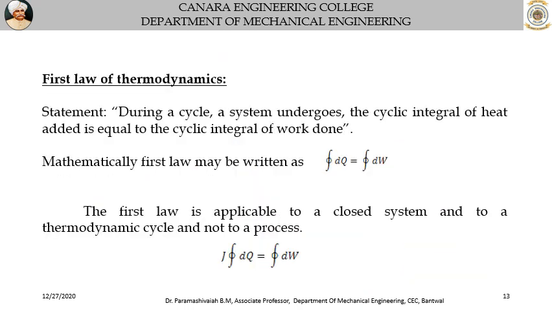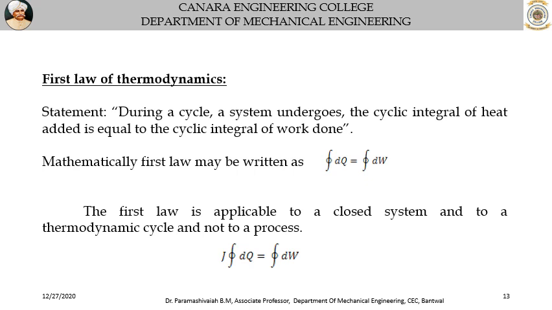Now, further, the first law of thermodynamics statement: during a cycle, a system undergoes, the cyclic integral of heat added is equal to the cyclic integral of work done. If it is a cyclic process, that means the state at the beginning of the process and the state at the end of the process are the same.